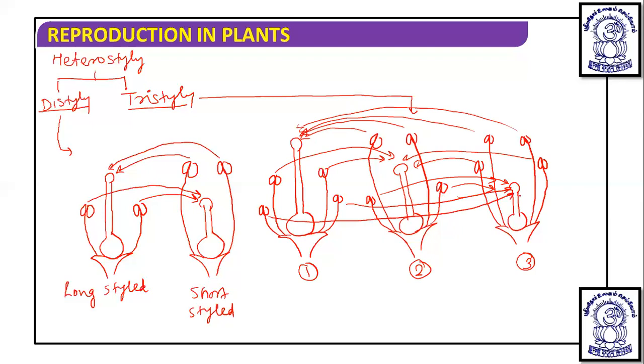Like this, the pollination can occur. Three different types of flower can be present, so it is known as tristyly.